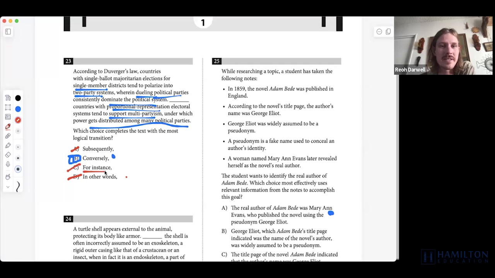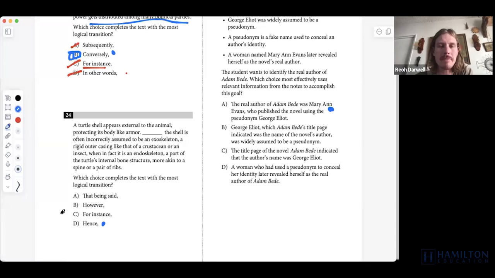So, for instance, is usually like an actual example of a thing, whereas in other words is usually an easier to understand summary of what we already stated. Okay. So the only one that shows this pivot, this contrasting information that we have in this paragraph is B, conversely. Okay, so you must understand these passages from a reading perspective in order to understand what kind of transition best fits.